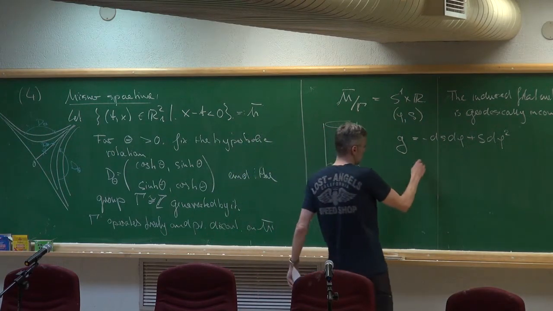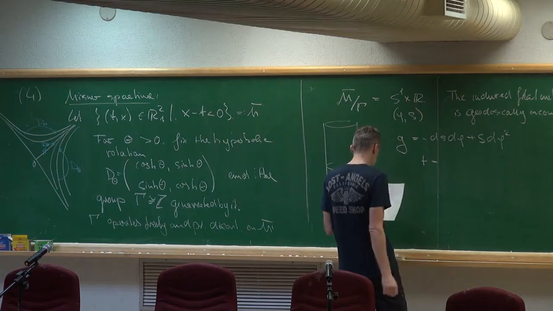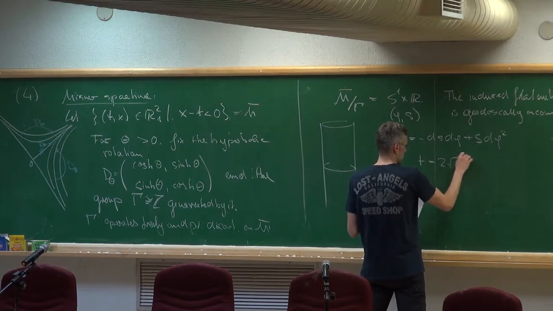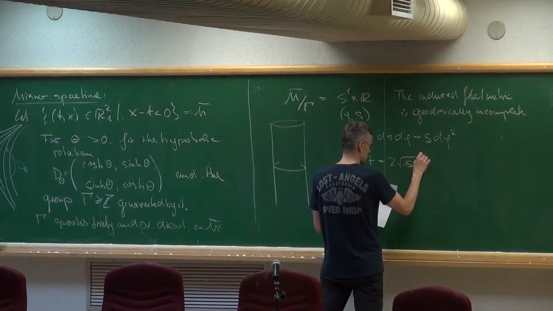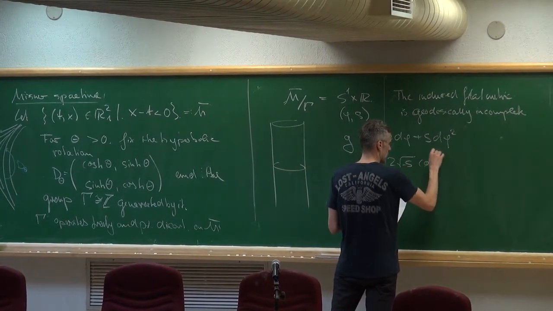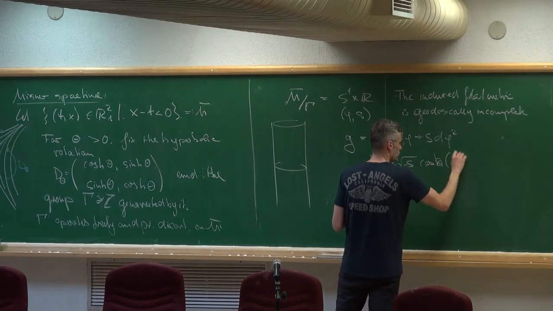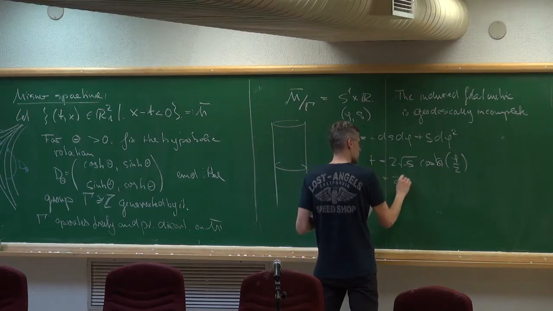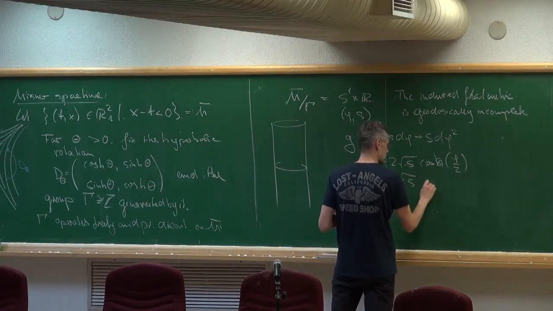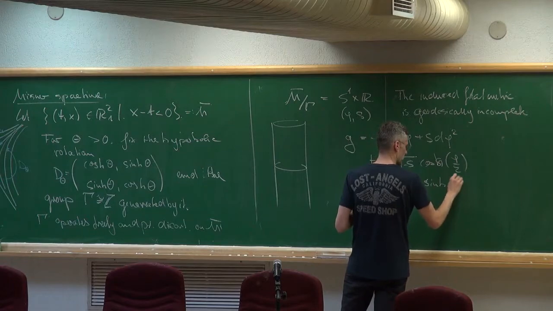If you want, you can look at the usual coordinates. They are t equals 2 times square root of minus s times cosine hyperbolic of phi over 2, and x is 2 times sine hyperbolic of phi over 2.